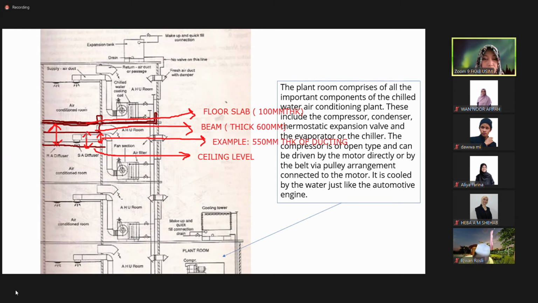Example. Plus beam. So the total is 1.1. This is very big lah. Some of the beam only takes about, let's say 450. Okay, let's say this is a small building lah. 450 beam.